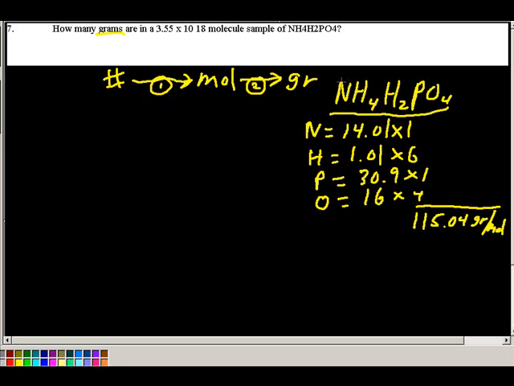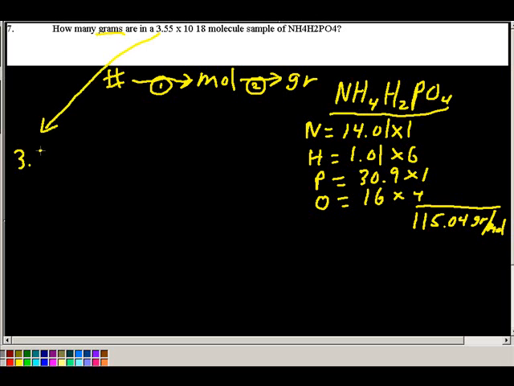Remember, it's a mole worth of this molecule, so I count out 6.02 times 10 to the 23rd of these molecules. Okay, now we've got to solve this. So in dimensional analysis, we always start with the number given to us.